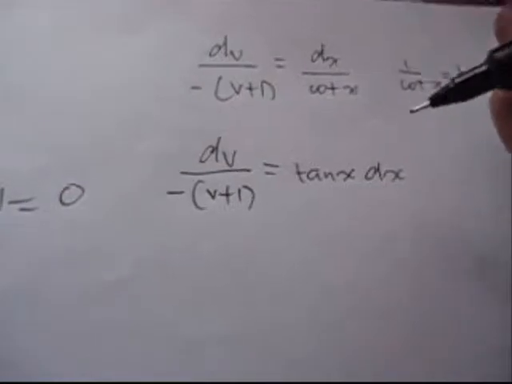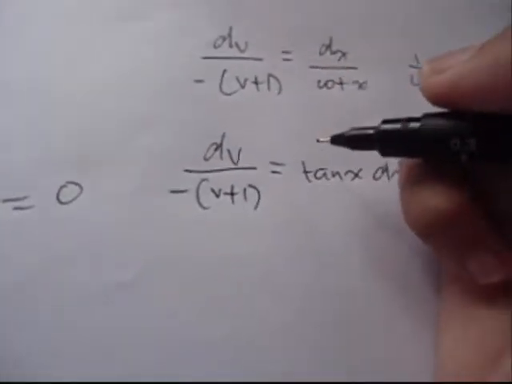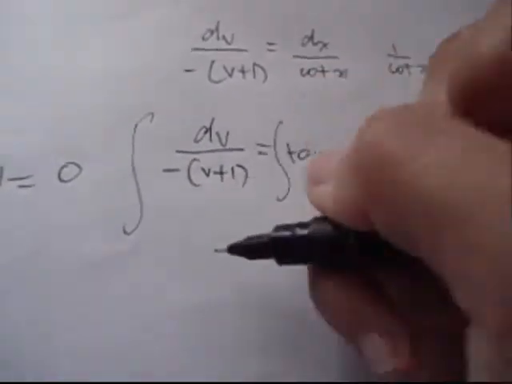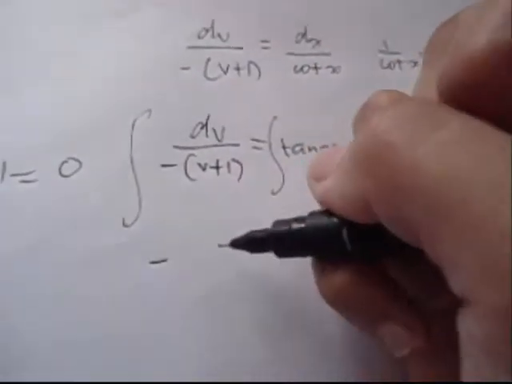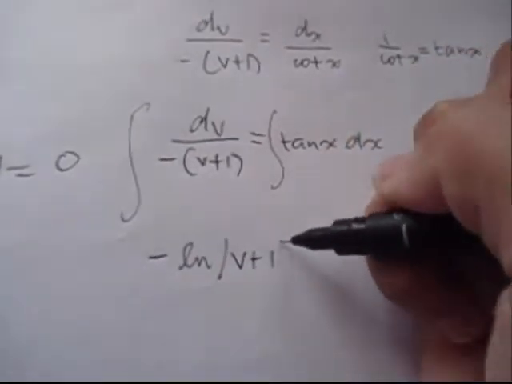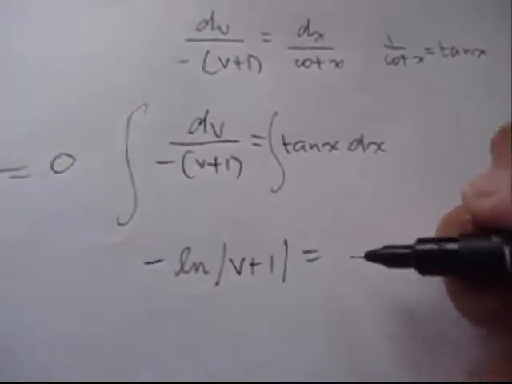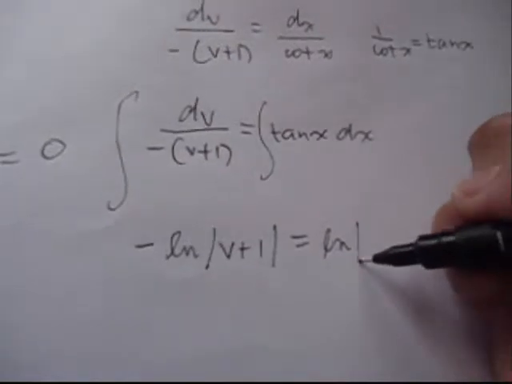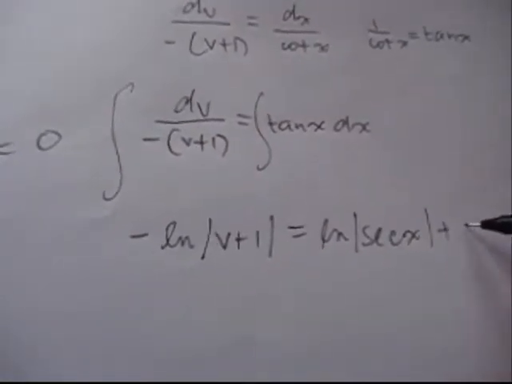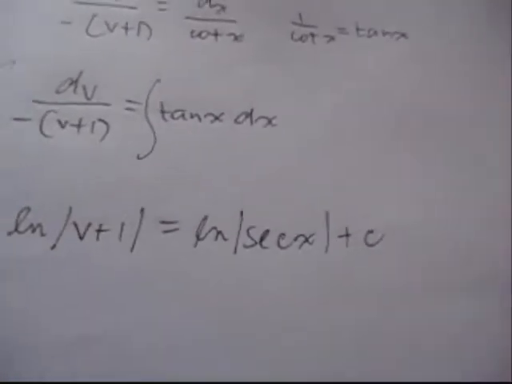So now we can integrate both sides of the equation. Integrating this, we get negative ln of v plus 1 equal to ln of secant x plus c, where c is an arbitrary constant.